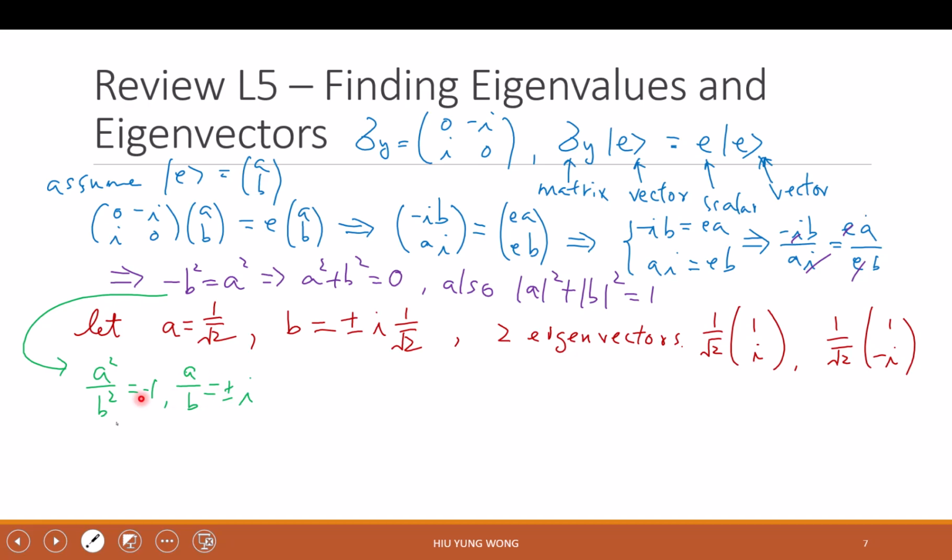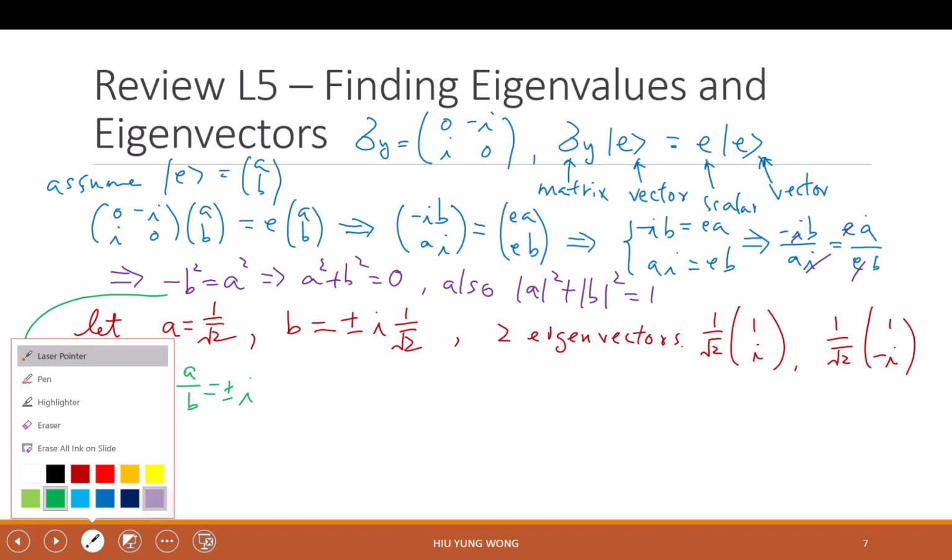This one, because I take square root. Here, I also take the square root. I use this one. So if I have 1 over 2, right? Then b squared equals 1 minus 1 over 2. This one is confusing, right?